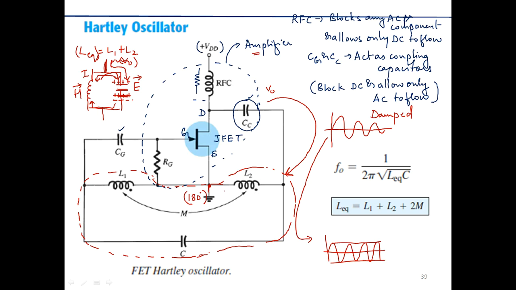This will be ensured by providing this center tap. So this center tap ensures that the phase shift is exactly 180 degrees. Okay, so if that happens, then 180 degree phase shift from the feedback network, 180 degree phase shift from the amplifier network, altogether it becomes 360 degrees, so that you will be getting sustained oscillations using a Hartley oscillator.